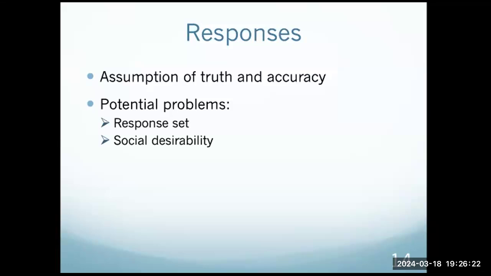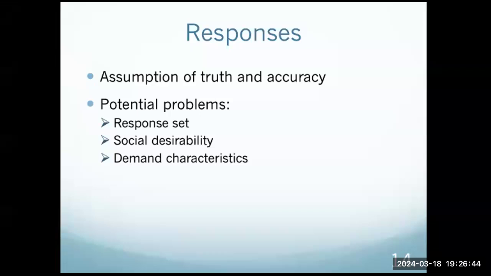Social desirability. One way around that is to make sure the survey is anonymous. Demand characteristics, as I mentioned before, that's when a participant thinks that they know the hypothesis of the study and respond in a way that they think the researchers want them to respond. So they think they're helping the researchers.